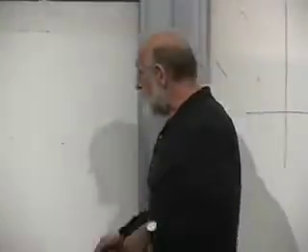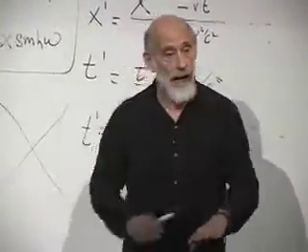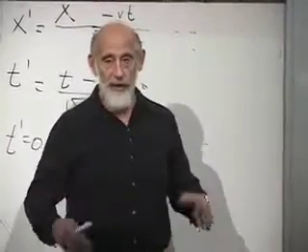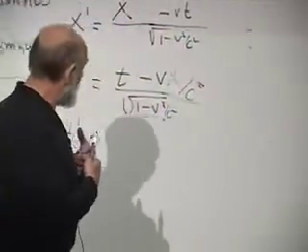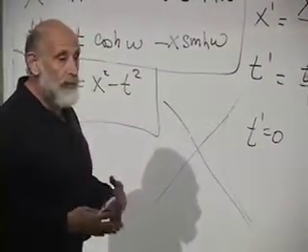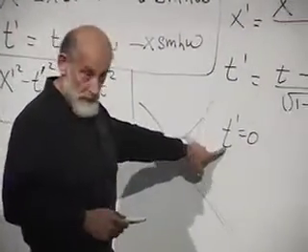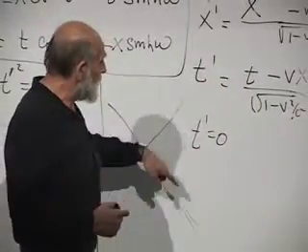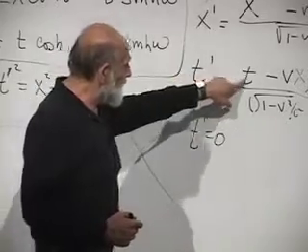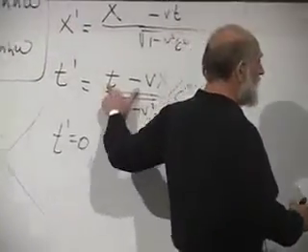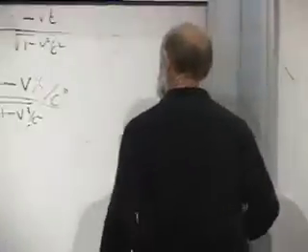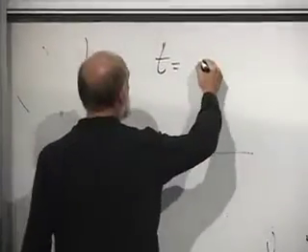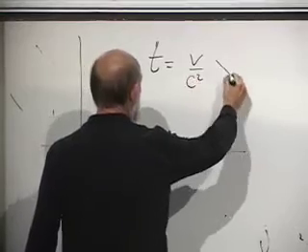Right? T prime equals 0 is every place in space-time which has exactly the same time according to my frame of reference, and I will therefore call all those points synchronous, at the same time. What do you say about them? If t prime is equal to 0, that says that t is equal to v over c squared x.